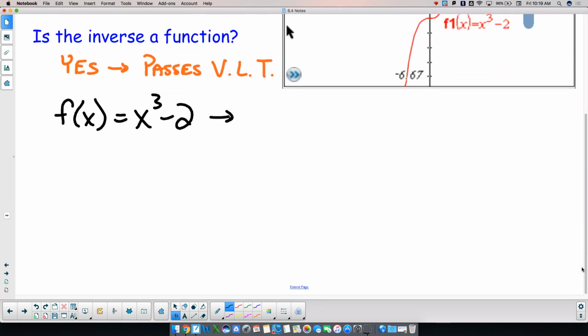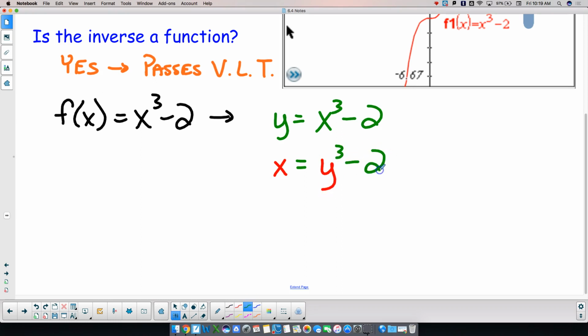That would be like saying y equals x cubed minus 2, which would be x equals y cubed minus 2. And then I have to solve that for y, correct?